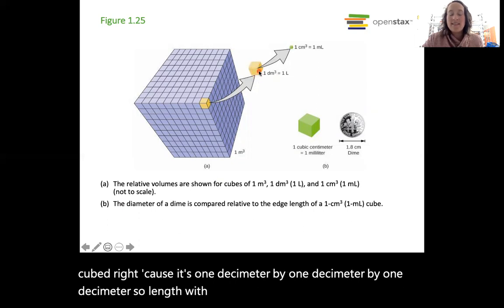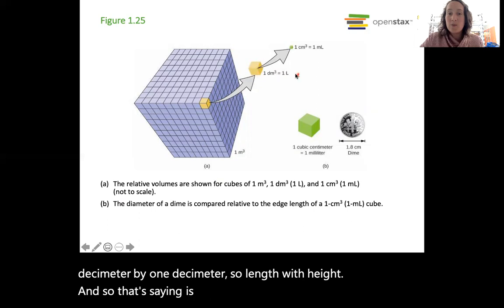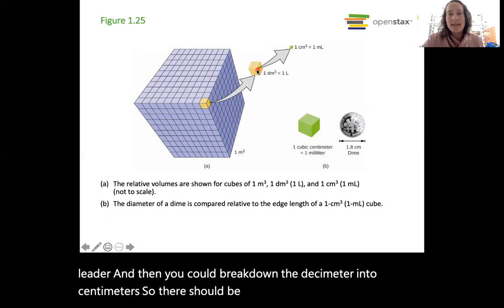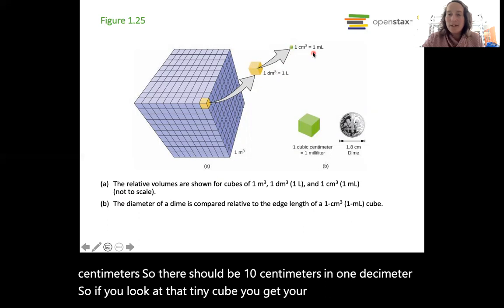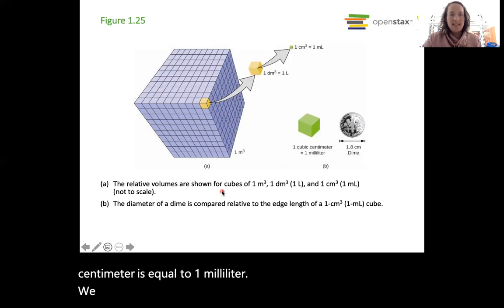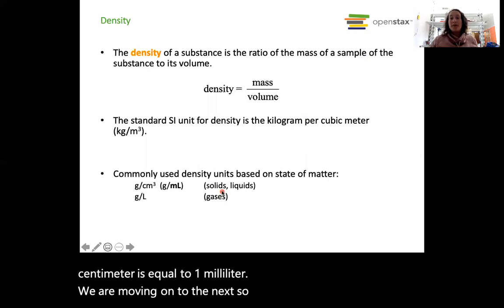That is the same amount of volume as 1 whole liter. Then you could break down the decimeter into centimeters. There should be 10 centimeters in 1 decimeter. So if you look at that tiny cube, your 1 cc or 1 cubic centimeter is equal to 1 milliliter. Okay, we are moving on to the next. That just kind of put that into perspective.